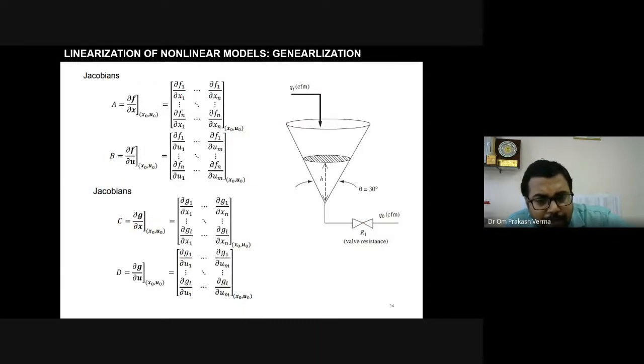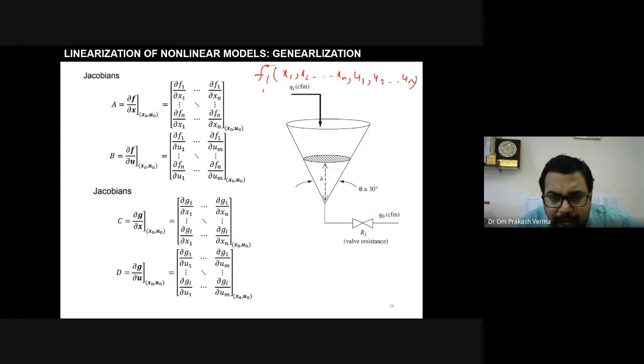This is the function f1 with respect to x1, x2, x3, x4, up to xn: x1 variable, x2 variable, x3 variable, xn. Let's say we have the function f1 of x1, x2, up to xn, and u1, u2, up to un.